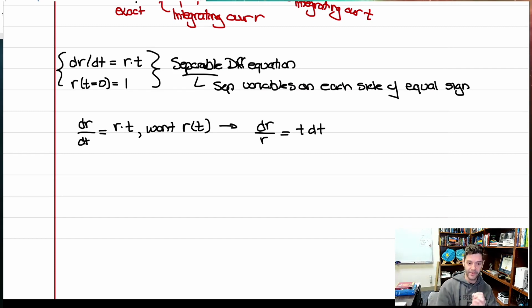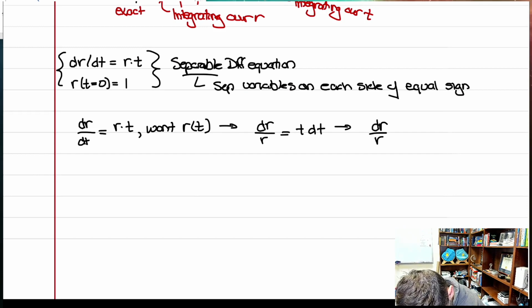Again, treating the derivative as a ratio of differentials. Now everything on the left-hand side is only a function of r, which itself is a function of t, but that's okay. And then the right-hand side is only a bunch of things that are written as functions of time or are just the variable t itself. So then I can integrate both sides.